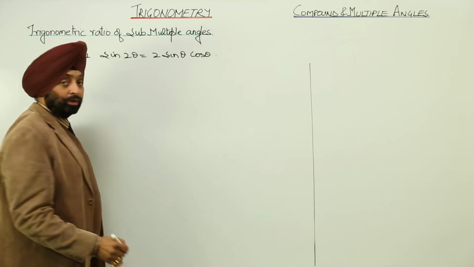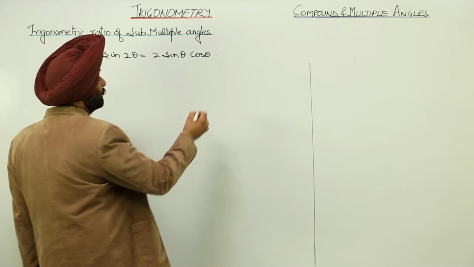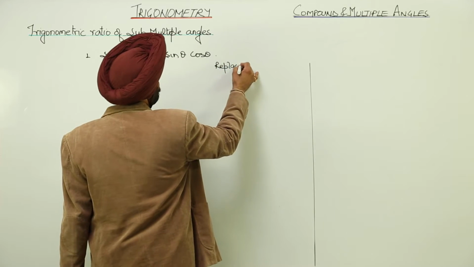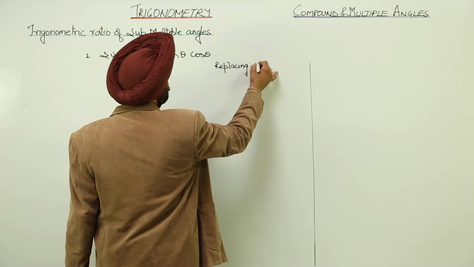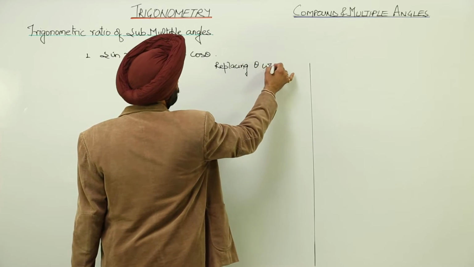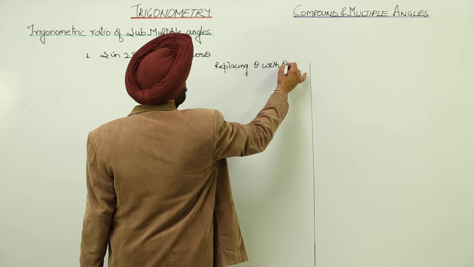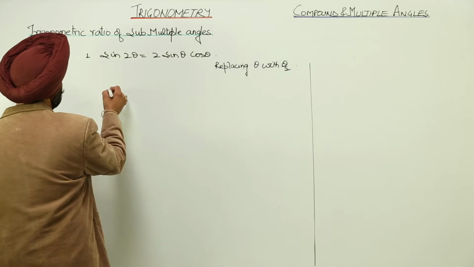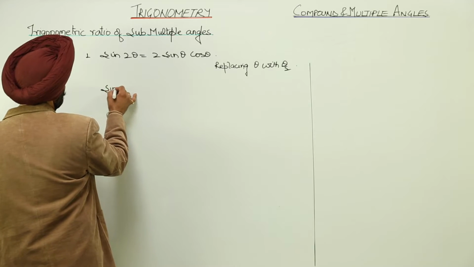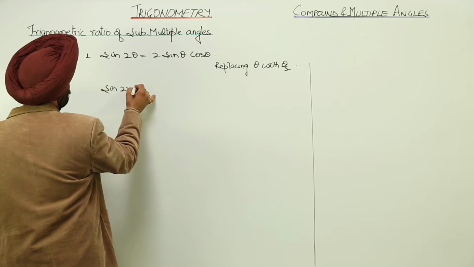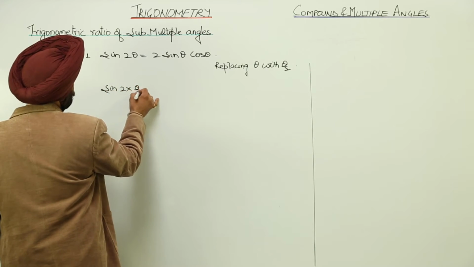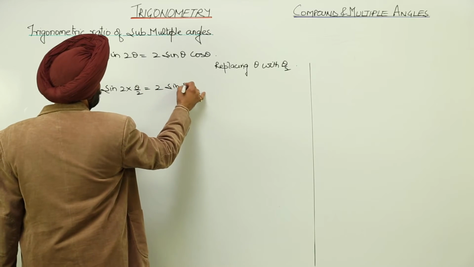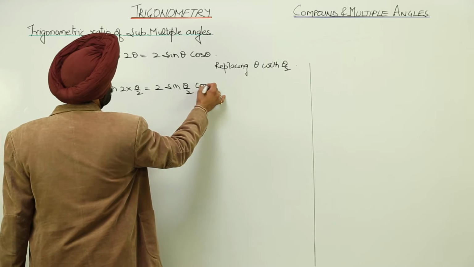Now what will be the sub-multiple angle? It will be, now replacing theta with theta by 2. Now what will we be getting? We will be getting sine 2 times theta by 2 is equal to twice of sine theta by 2 cos theta by 2.